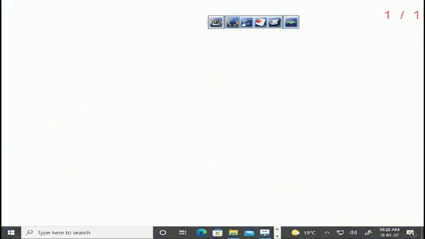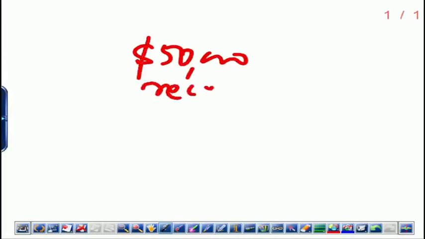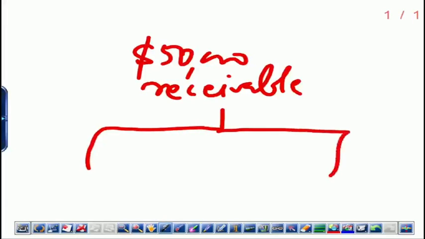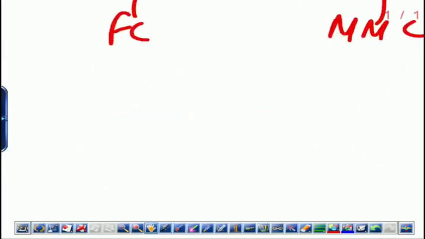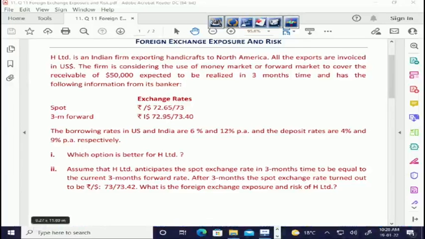So if we go for the first question, $50,000 receivable, forward cover, money market cover. Under forward cover, 50,000 is sold 3 months forward at 72.95.